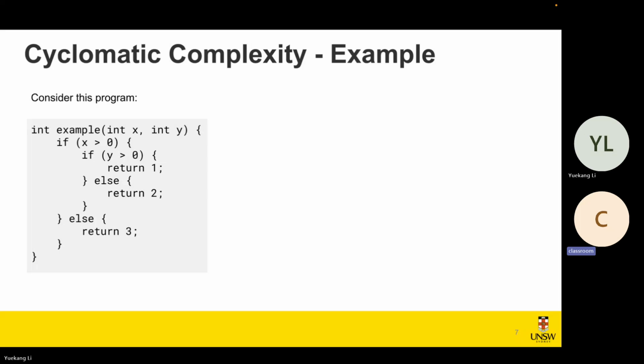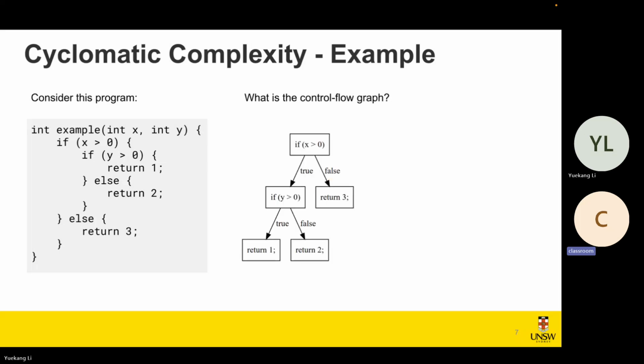So let's consider this program. You have practiced in assignment 1 how to draw a control flow graph, right? So can you draw a control flow graph of this? It's pretty straightforward. We have two nested ifs, and this is the control flow graph.